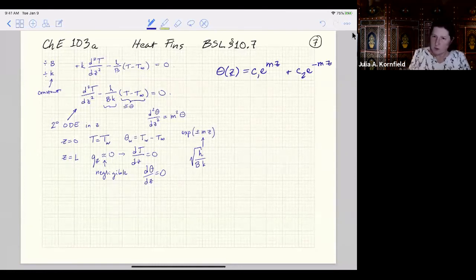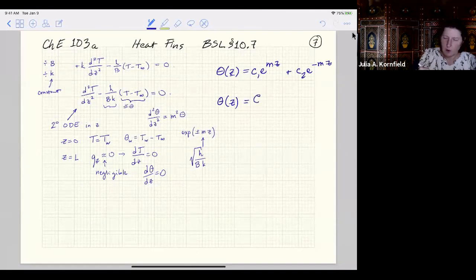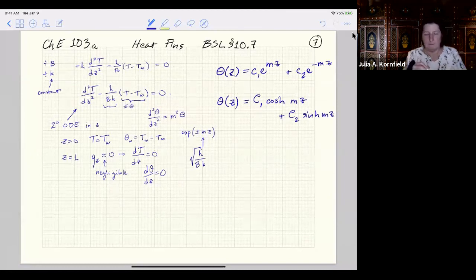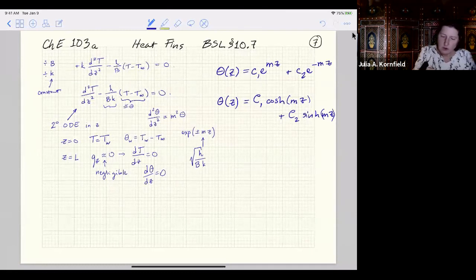But you could equivalently go directly to theta z is equal to, I'll call this a capital C1 cosh mz plus capital C2 sinh mz. So we're going to do this one first.